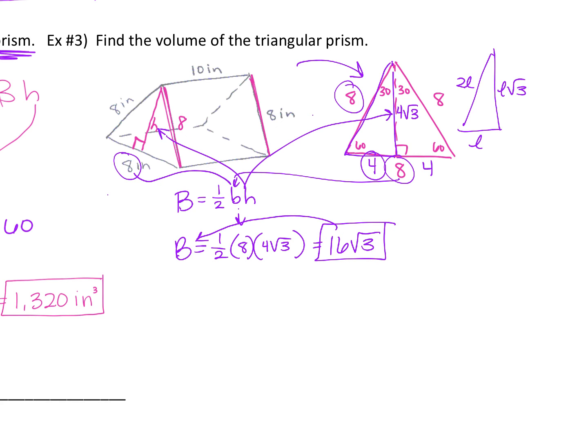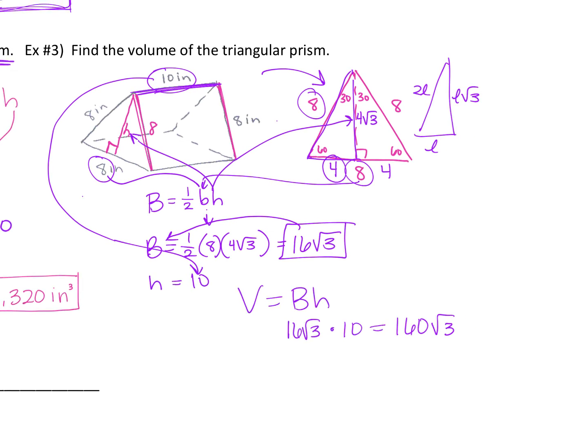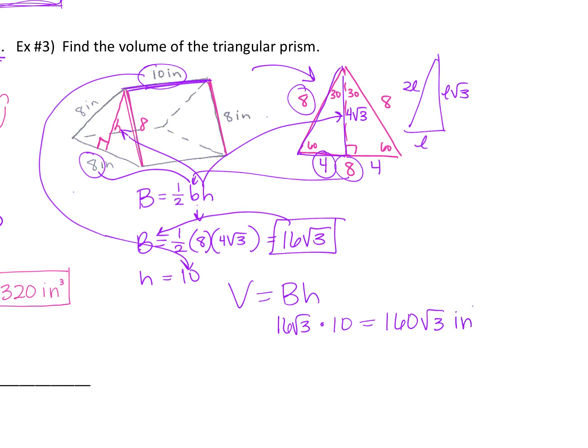What is your H, as in the height of the figure, in this one? 10. It's the distance between your two bases. So now if I want the volume, it's B times H. So it's 16 rad 3 times 10, which is 160 rad 3 inches cubed.